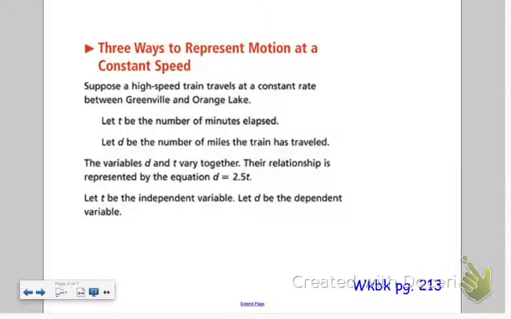Their relationship is represented by the equation D equals 2.5 times T. So that means distance is equal to 2.5 times the minutes, or times time. Let T be the independent variable, D is the dependent variable. So again, the time is independent, the distance is going to depend on how much time the train is traveling.